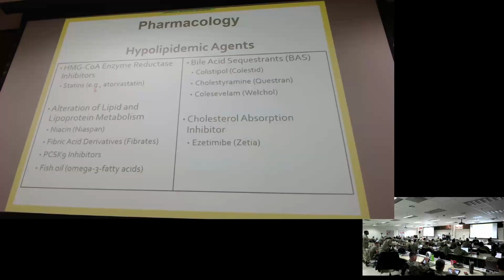So I have statins, which are targeting that HMG-CoA reductase enzyme. I have the different things that can alter how my lipids are being broken down or metabolized. So I have niacin, fibric acid derivatives, or my fibrates, PCSK9 inhibitor, and my fish oil. I also have bile acid sequestrants. These we don't use as much anymore, but they're still very helpful depending on the condition of the patient. We'll talk about that.